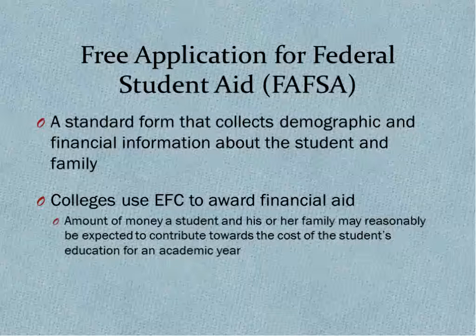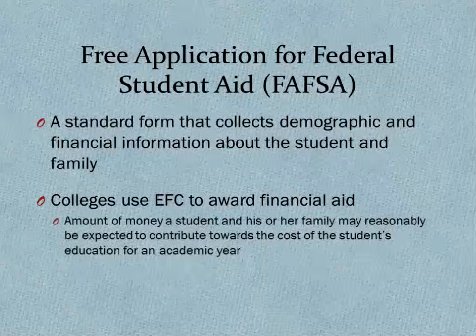All this information can be submitted electronically, and then that information is provided to the college and will be used to determine the EFC, or the estimated family contribution, that is needed in order to determine a student's federal financial aid eligibility.